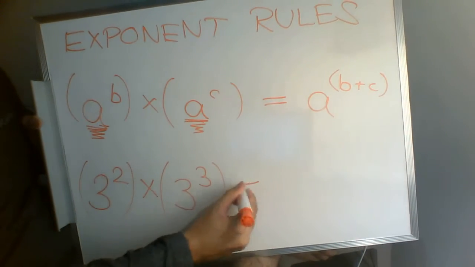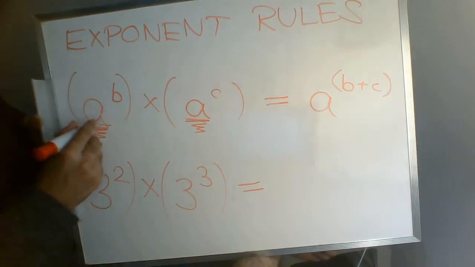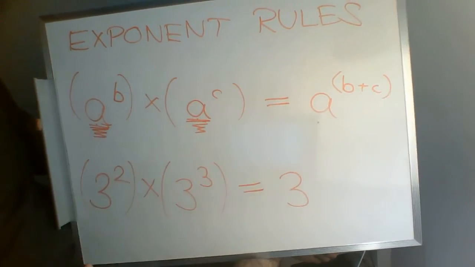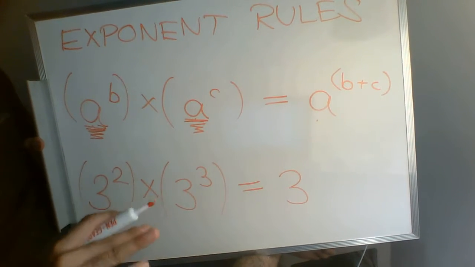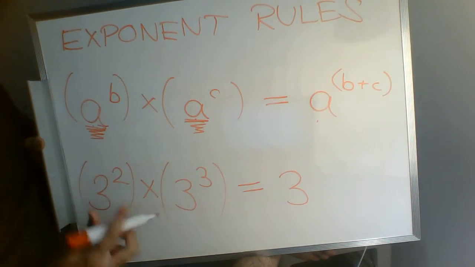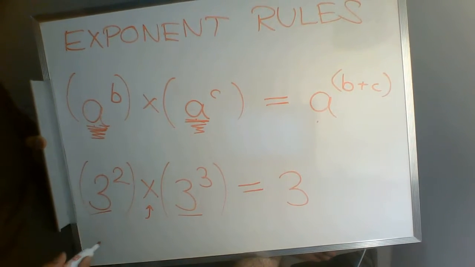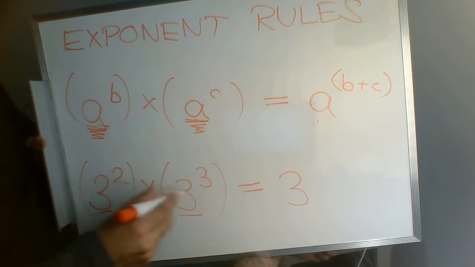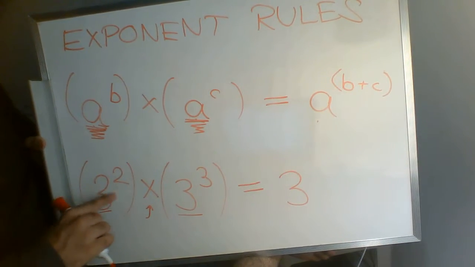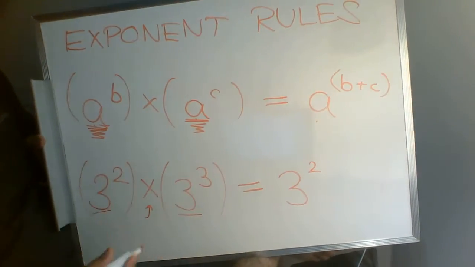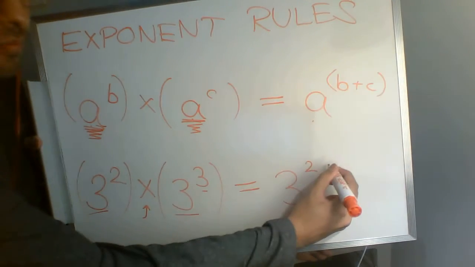Now, that tells us that in our next line, I know my base is still going to be 3. I don't touch the base at all. Now, since this is a multiplication problem and the bases are the same, all I need to do is add those exponents together. My first exponent was a 2. My second exponent was a 3.